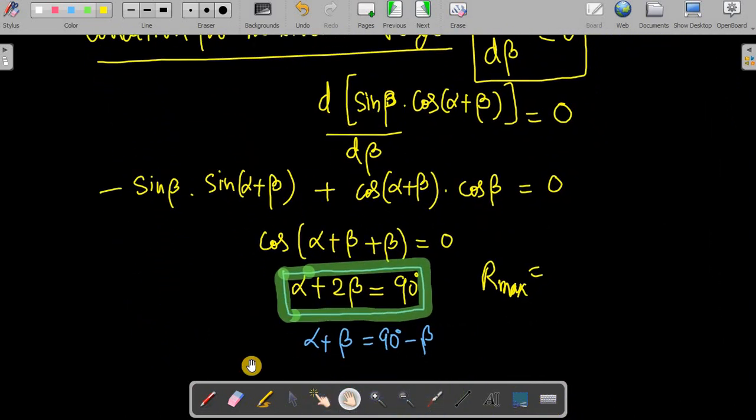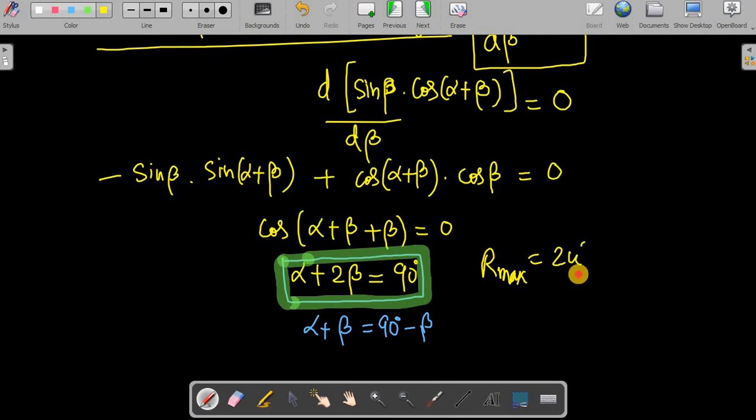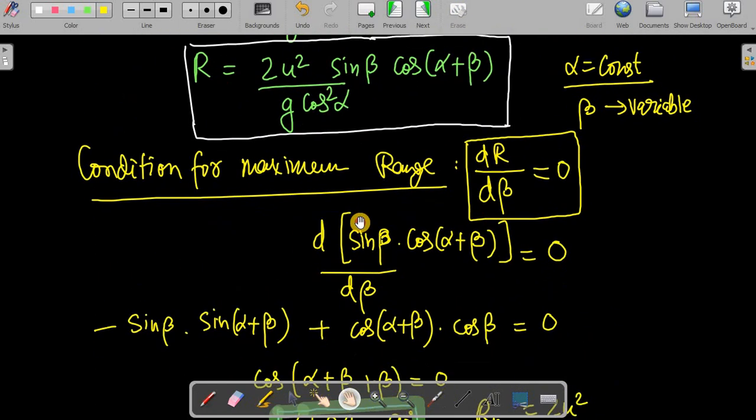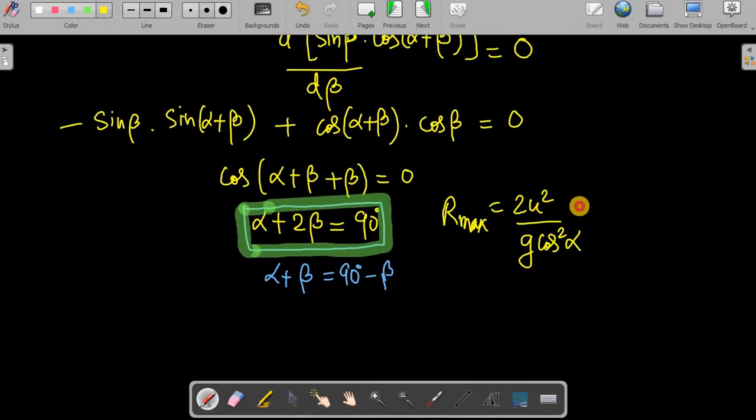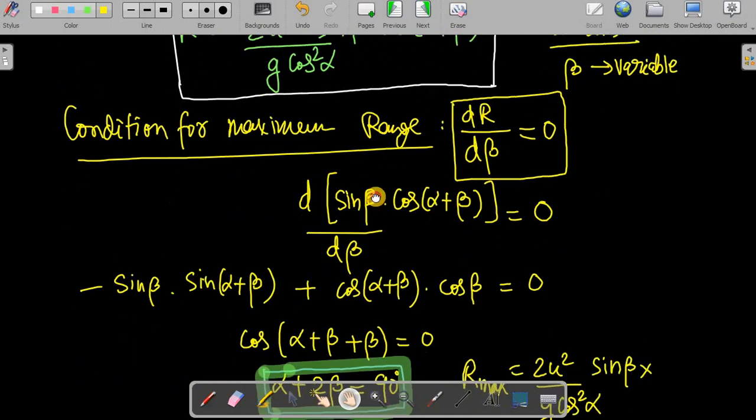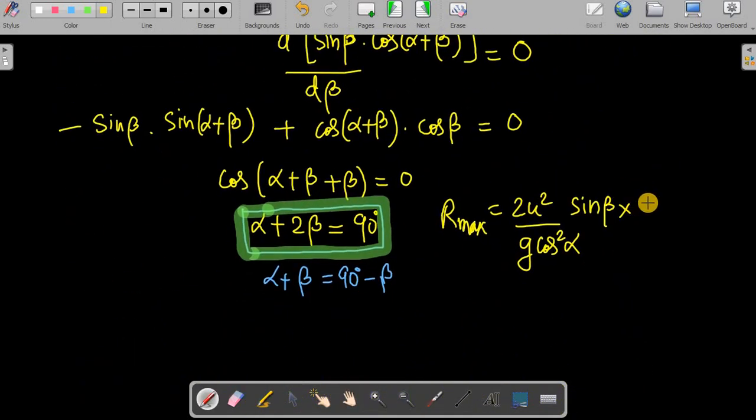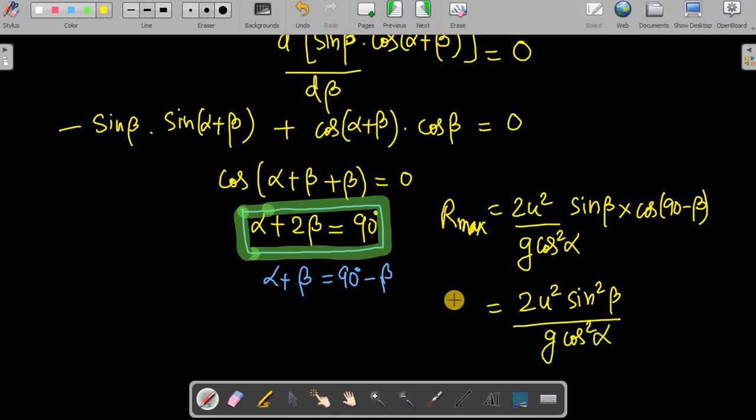So 2u square by g cos square alpha you can keep, and then sin beta into cos alpha plus beta. So cos alpha plus beta will be cos of 90 minus beta, so again it will become sin beta. So R max is 2u square sin square beta by g cos square alpha.